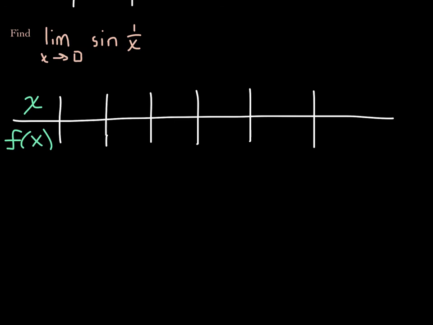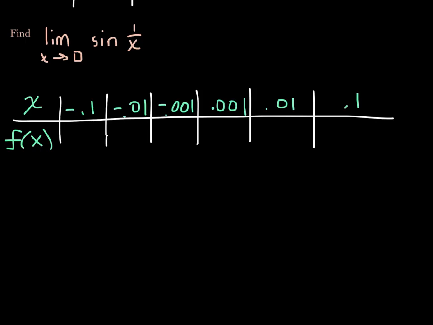Now, as you make your table, you want to plug in some x values that are approaching 0 from the left. That would mean some negative values that are really small. And you also want to plug in some x values that are approaching 0 from the right, so some positive values.